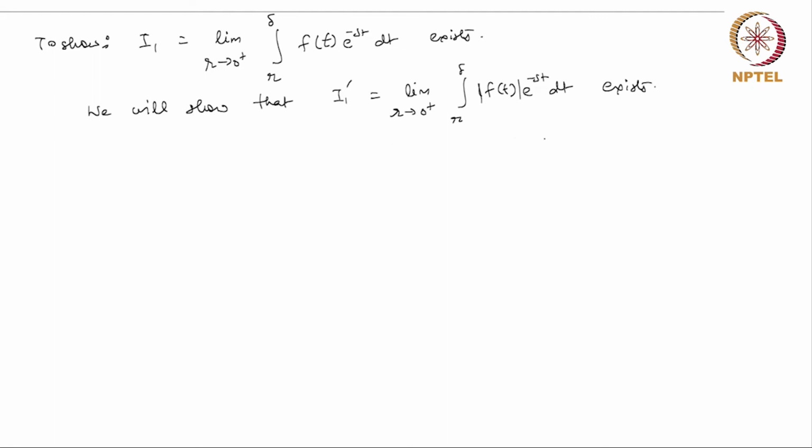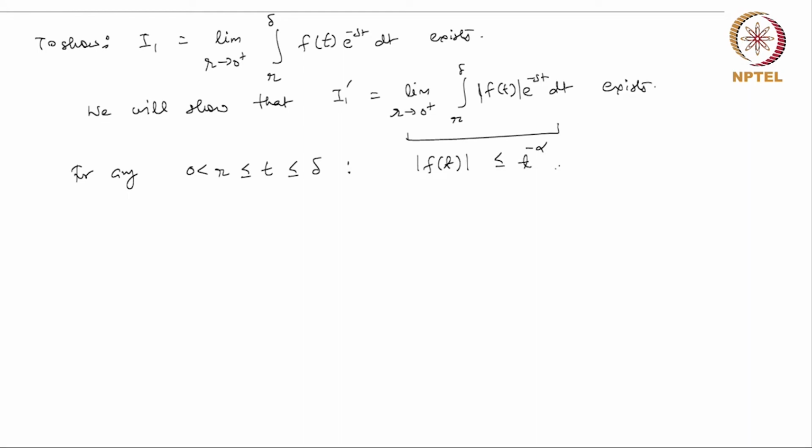So now let us show that this limit as r goes to 0 plus of the integral from r to delta of the absolute value exists. To show this, remember that for any positive r less than or equal to t less than or equal to delta, we had that modulus of f(t) is less than or equal to t to the power minus alpha.